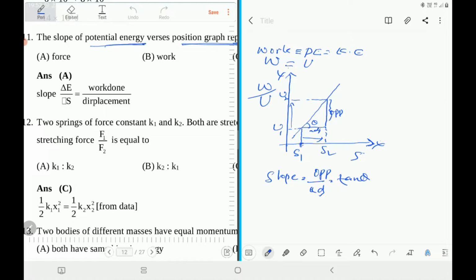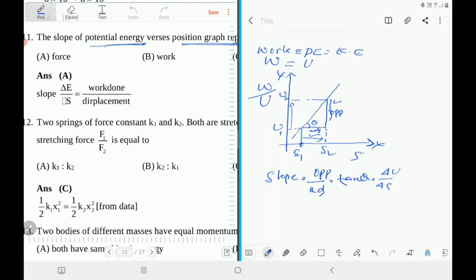In many situations we are interested in knowing what is the change in the value of y for a corresponding change in value of x. We call it rate of change. If I find this change in the value of U, potential energy, for a corresponding change in displacement, position.